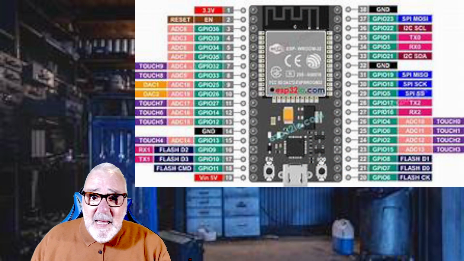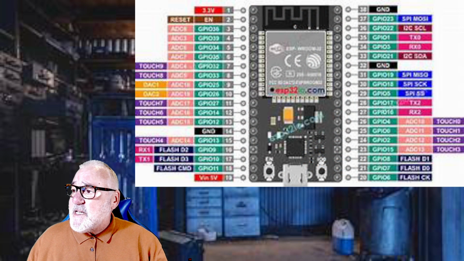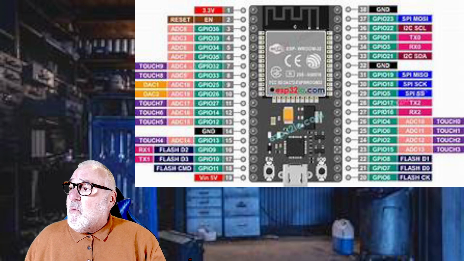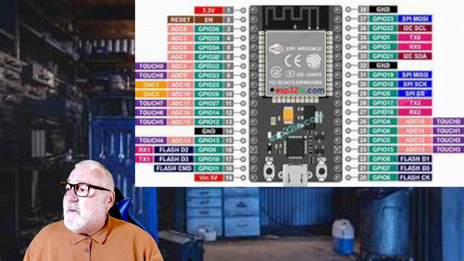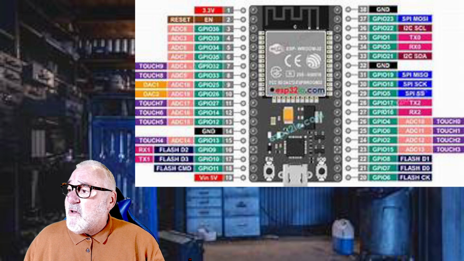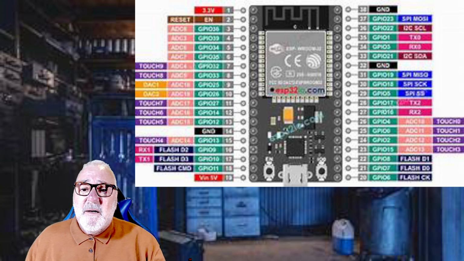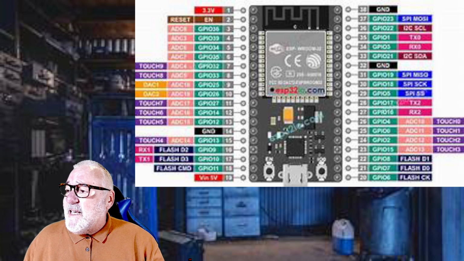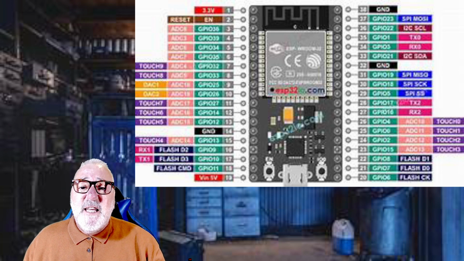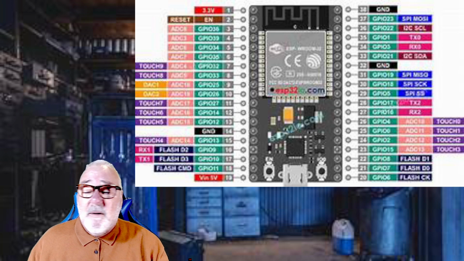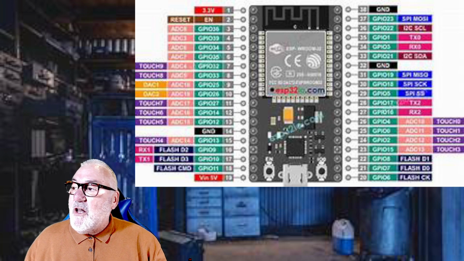Now the good thing about the ESP32: if we look at this, you can see that we have pins here in pink, labelled ADC, and they've got numbers. ADC stands for analog digital converters, so we can use analog devices on those pins.